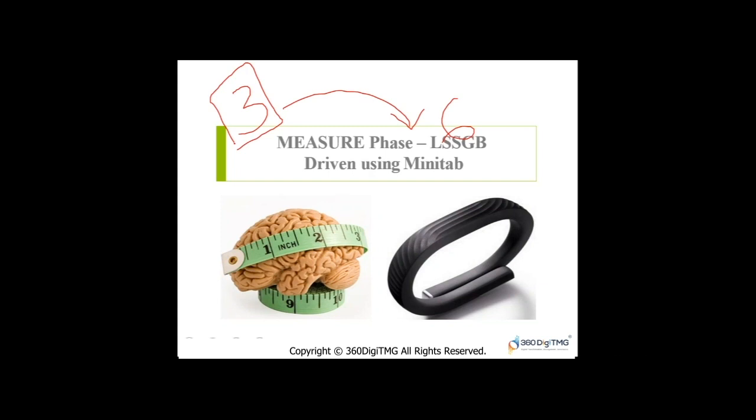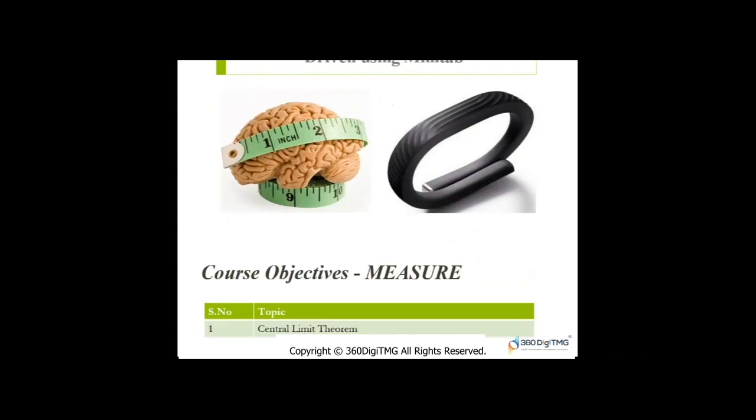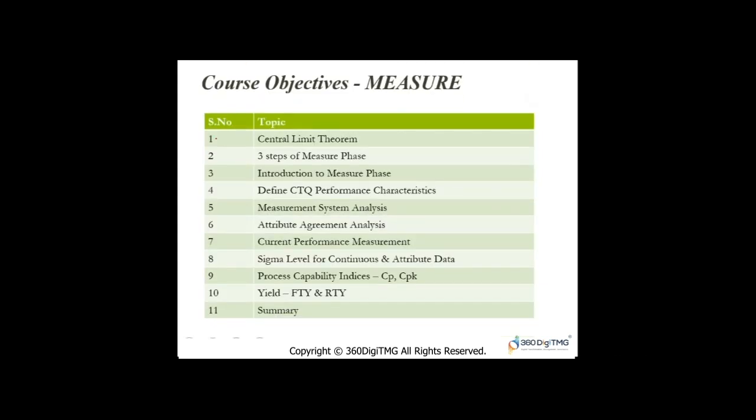All right, let us move on and look into the topics which we are going to cover. We will get started with the central limit theorem, by far the most important theorem from a statistics perspective. We will look into 3 steps of the measure phase. We will quickly learn about the introduction to the measure phase.